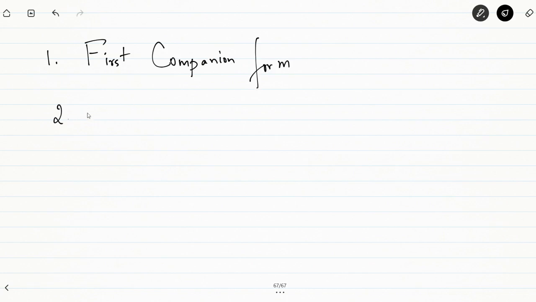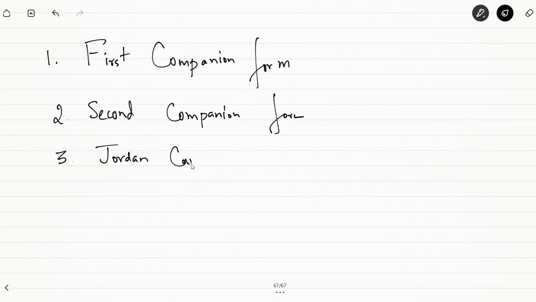These three state space models are referred to as the first companion form, the second companion form, and thirdly the Jordan canonical form. All these state space models have different appearances, but they actually represent the same system, having the same properties as the original, but different in appearance. Right?